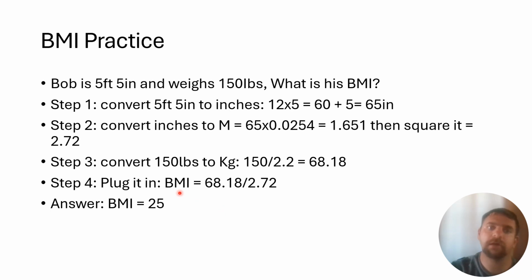So BMI is 68.18 divided by that squared number, which is 2.72. That gives us a BMI of 25. For adults, 25 is right on the edge of normal. For kids, you are perfectly healthy, perfectly normal. It's a little different for adults and kids, but either way, it's a good number to be at, and Bob over here is doing pretty well.